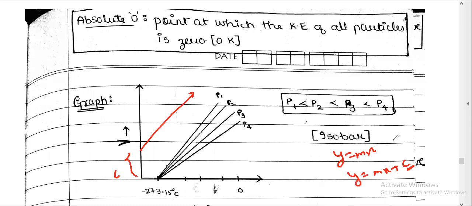Now, this is V versus T. We know that if the temperature scale is in Kelvin, it should start from origin, from 0. But if the temperature scale is in degree centigrade, then it will start from minus 273, because 0 Kelvin is minus 273 degree centigrade.